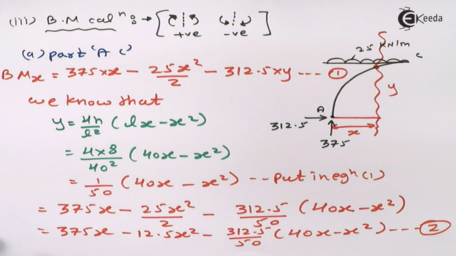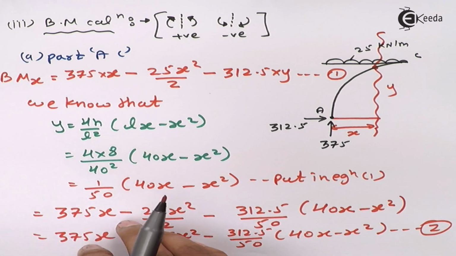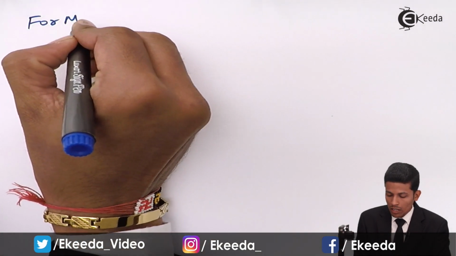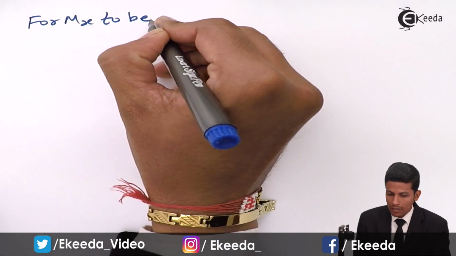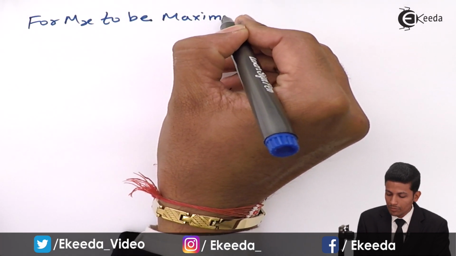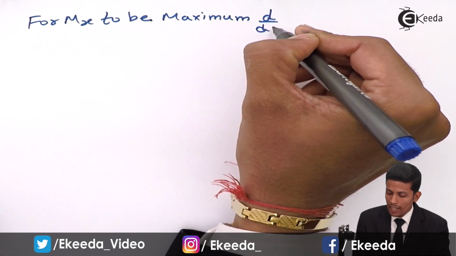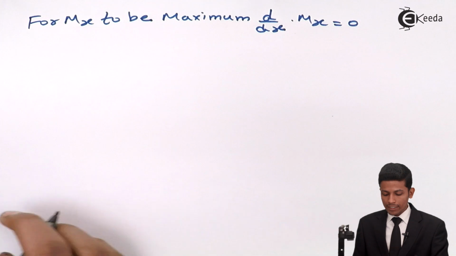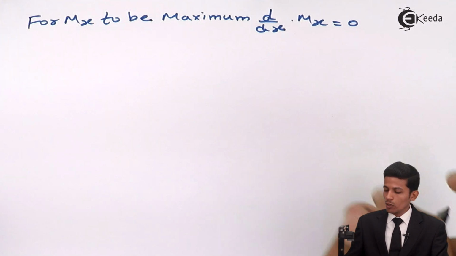Now as you all know, for Mx to be maximum, when we are taking any section in the arch at one side, d by dx of Mx is equal to 0. Means we have to differentiate the Mx equation once and equate it to 0.